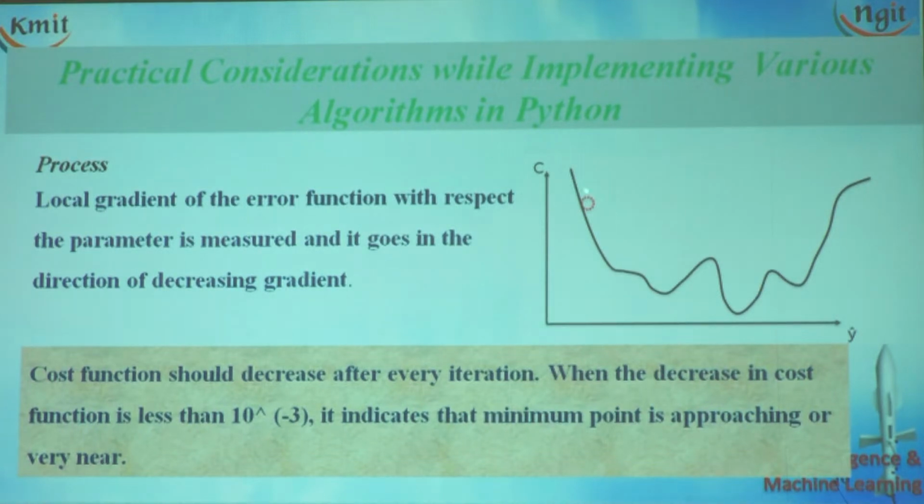But here, if you see this curve, this is the total data. In this, which has the lowest error? Cost means error only. If you take the global data, then this is the minimum.